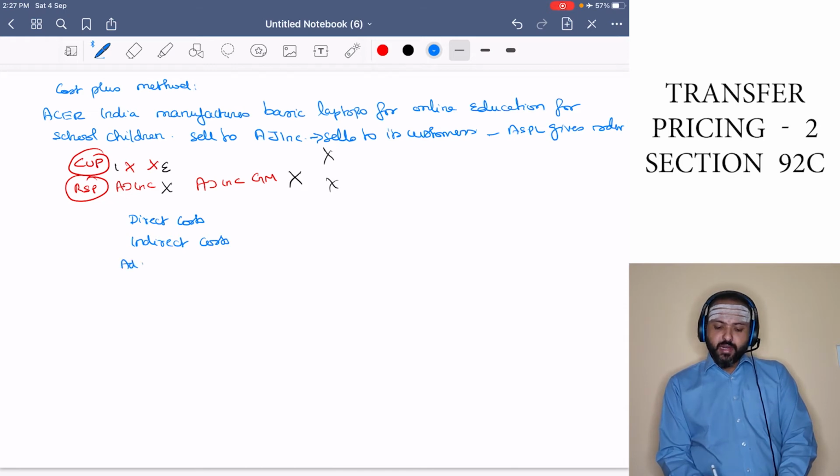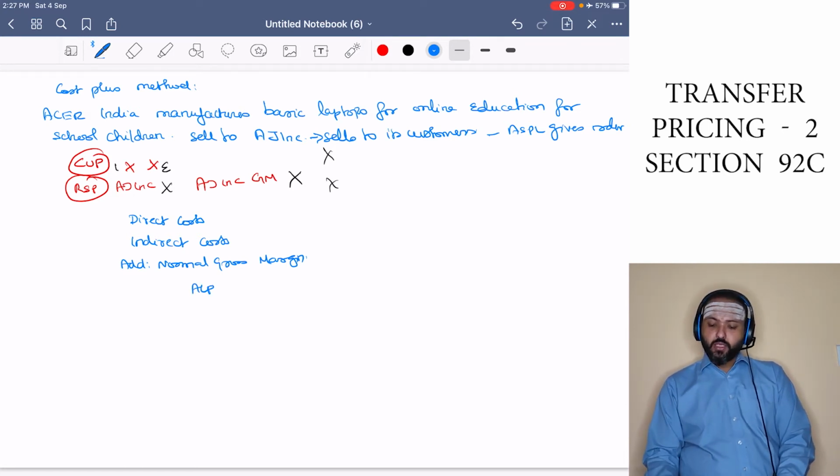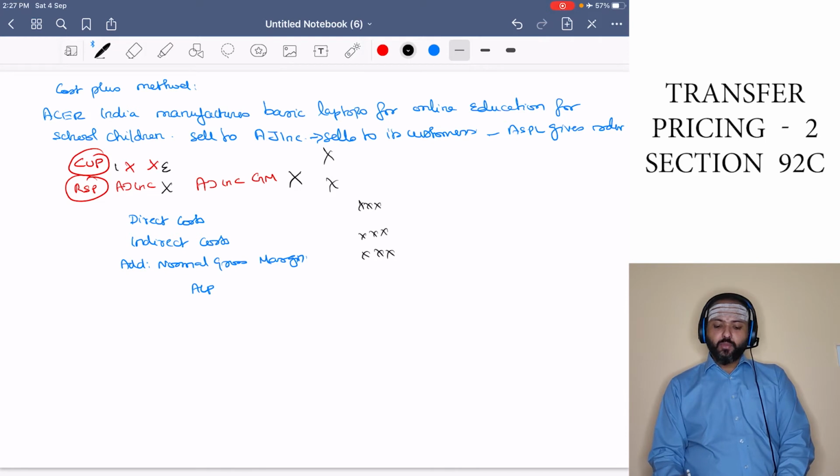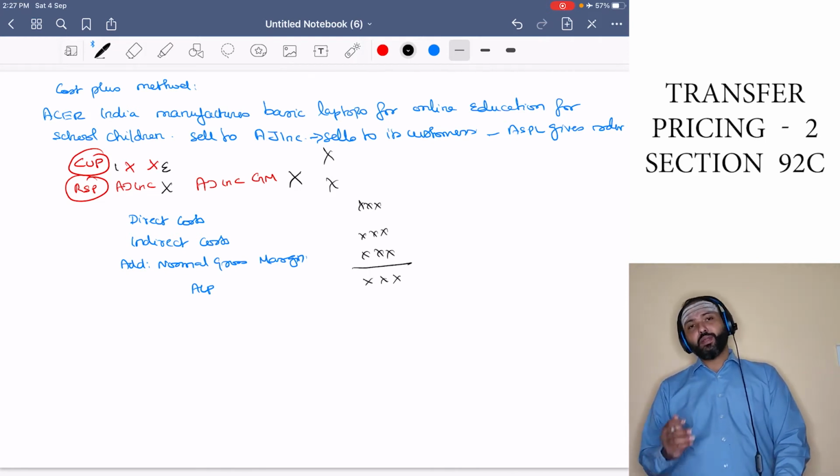Then to this I will add normal gross margin to arrive at arm's length price. Okay, so this is how it works. I will take the direct cost, enhance it by the indirect cost, and add the normal gross profit margin to arrive at the arm's length price.